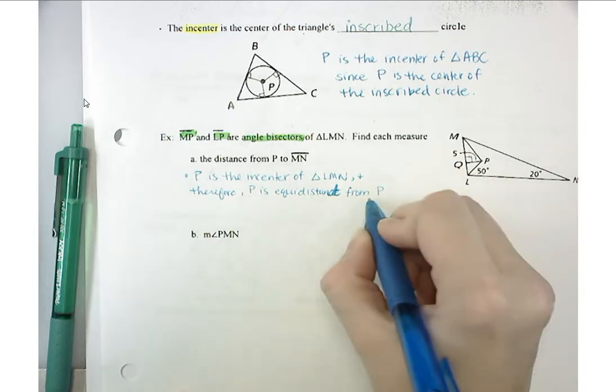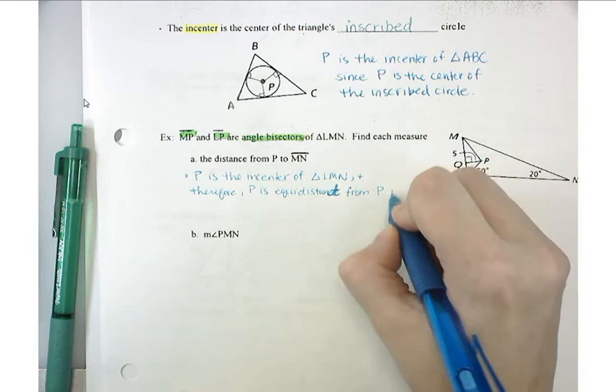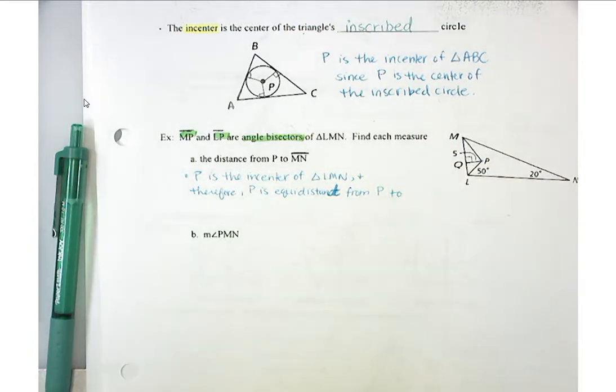It's equidistant from P to all of the sides.